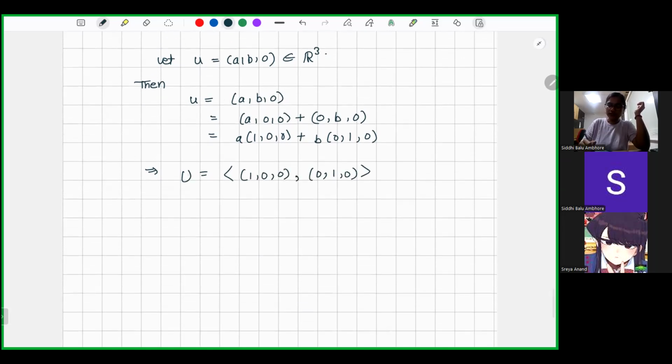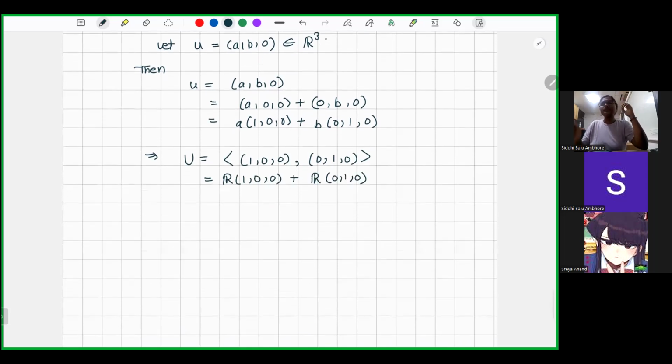Or we can write something like this. But this is just one kind of generator of this U. Okay, there are many.